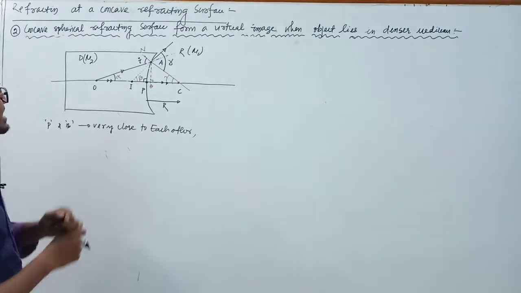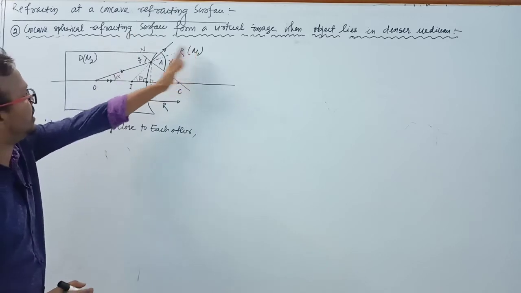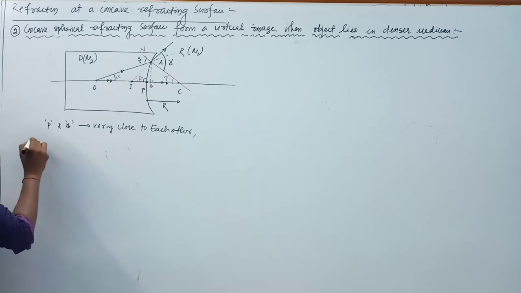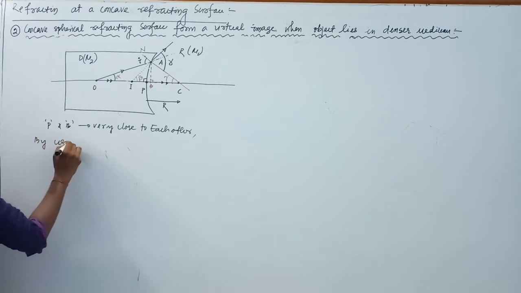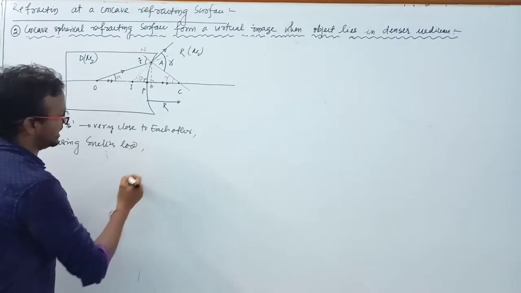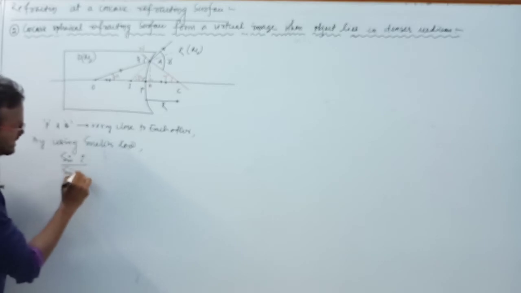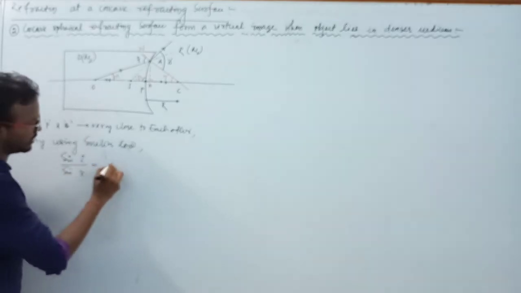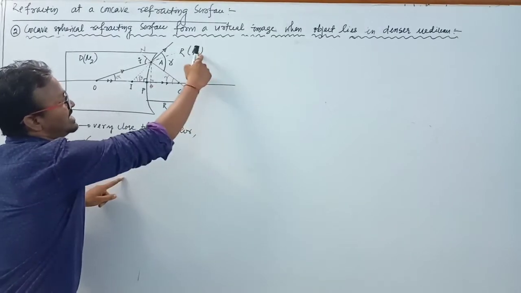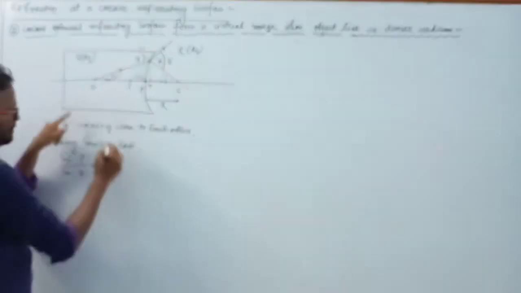Again we have to use Snell's law at this point, because there is one refracting surface which separates two media of different refractive indices mu1 and mu2. Using Snell's law we can write: sine of the angle of incidence divided by sine of the angle of refraction is equal to the refractive index of the second medium with respect to the first medium.